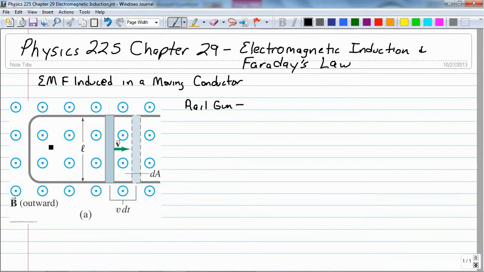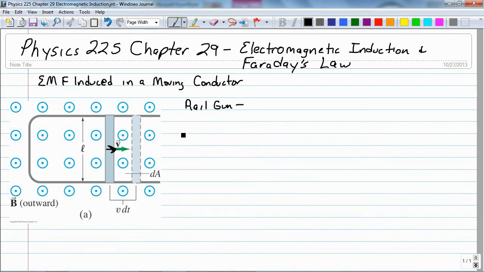So my magnetic field strength is constant. And what I'm doing is I'm moving this bar in this direction. And I want to know what is my induced potential due to this movement. Well, this vector v, this is the velocity.